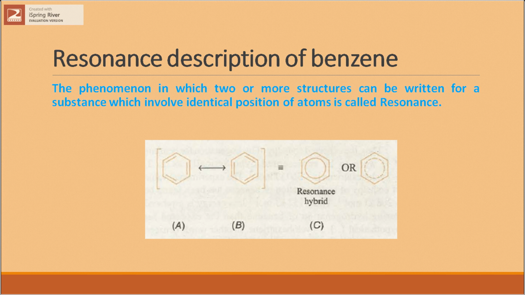According to the resonance theory of organic molecules, benzene exists in two resonating structures as is visible in the figure. Structure A and structure B are the two resonating structures of benzene, having a resonance hybrid of structure C, which can be shown by these two figures.